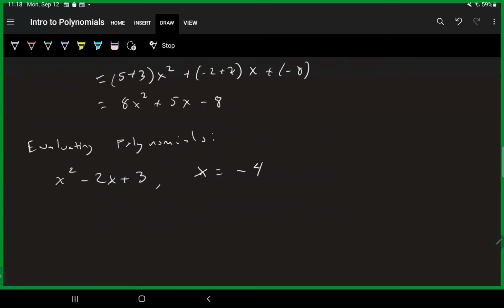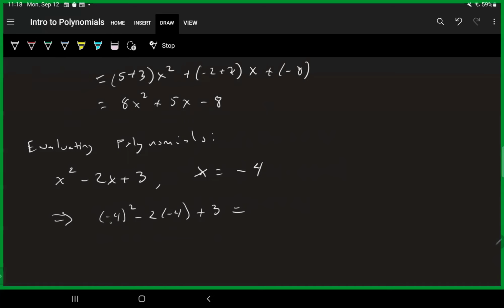This is plug and chug. We're going to plug in negative 4 for x. We're going to follow the order of operations. I like to use parentheses whenever I'm plugging in a value for a variable, or substituting a value for a variable. That allows me to keep track of my signs.